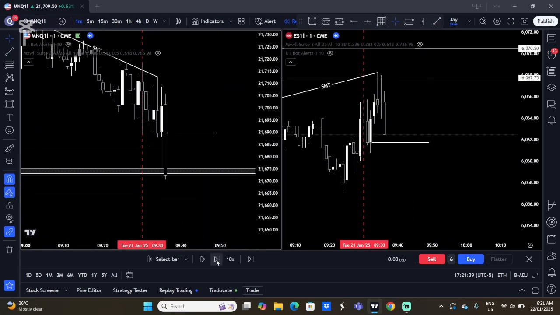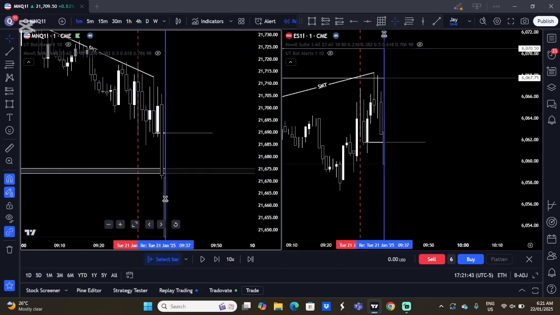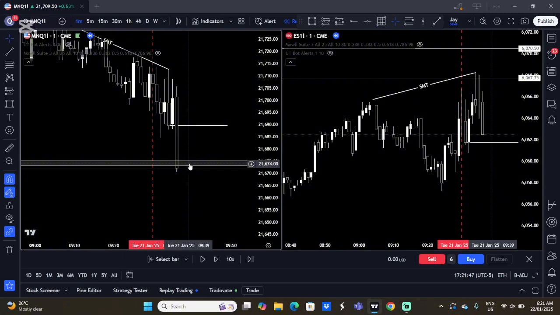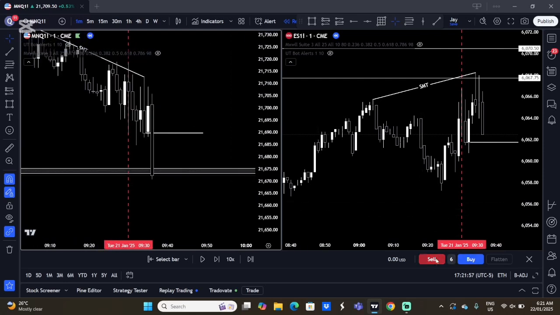So we're just going to focus more on here. Sorry, let me bring it back. This was a 1 minute time fair value gap that we just inversed. I would have had a sell limit order here, which we can just put in now, because it does get touched into in just a sec.